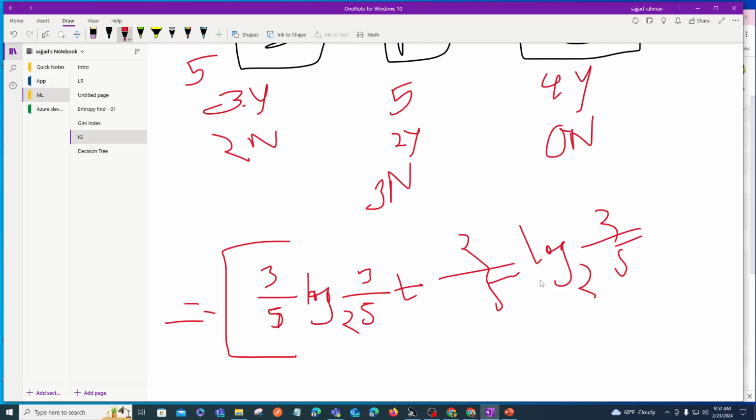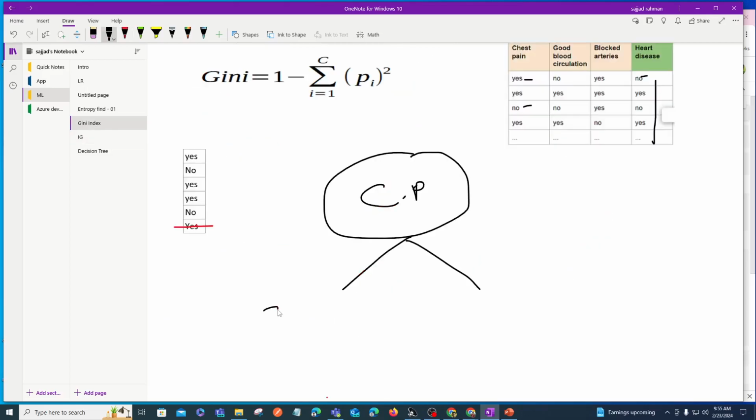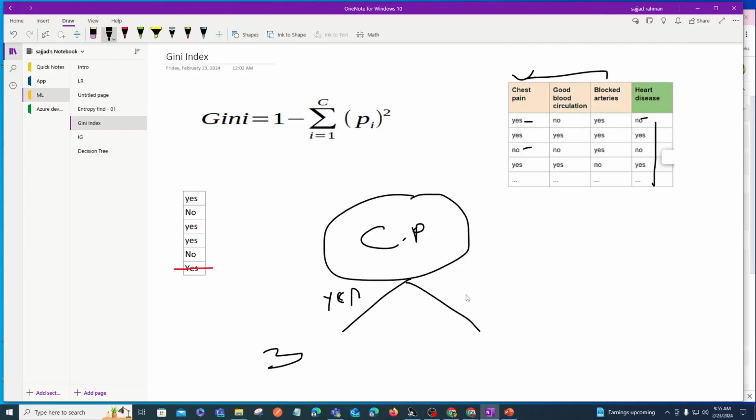If yes, then we can find 3 yes and 1 no. Whenever it is no, we find 1 no and 0 yes.